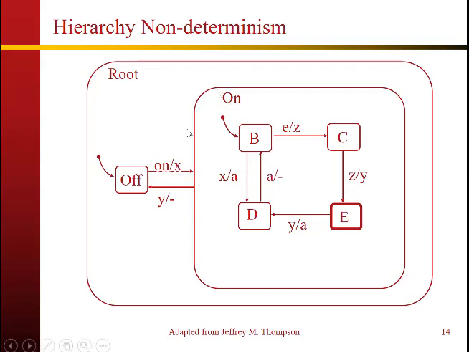So effectively, are you transitioning directly into D, or is this an intermediate state, basically, that you're in B and then you transition into D?